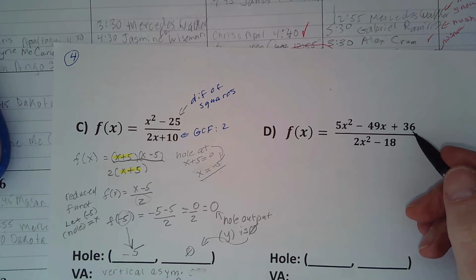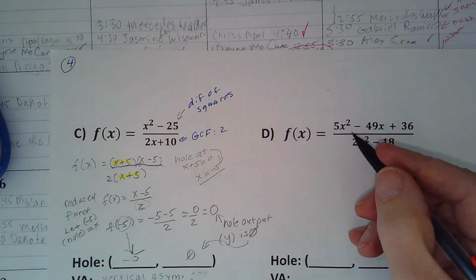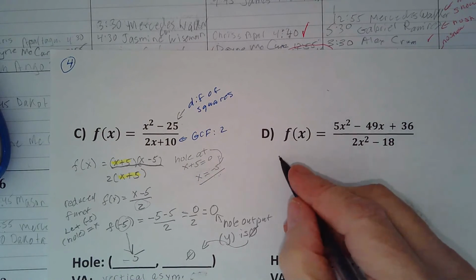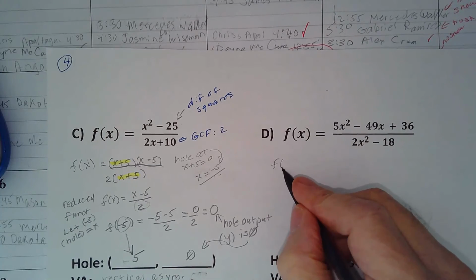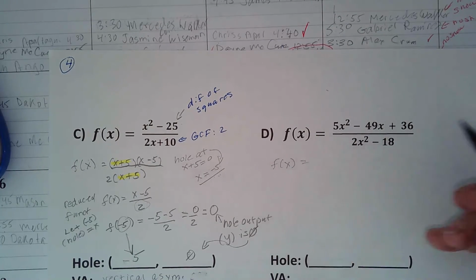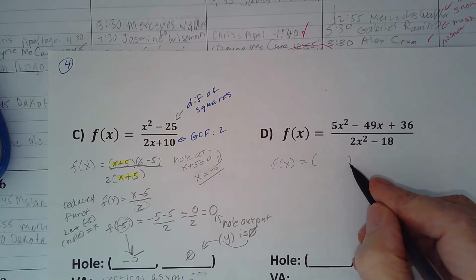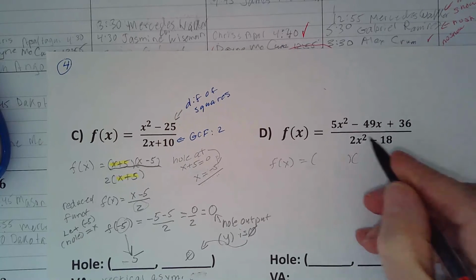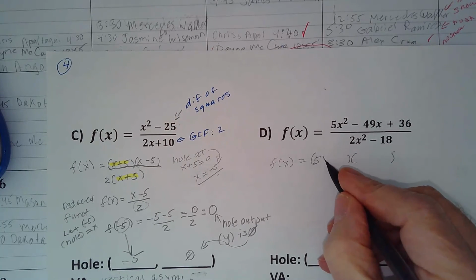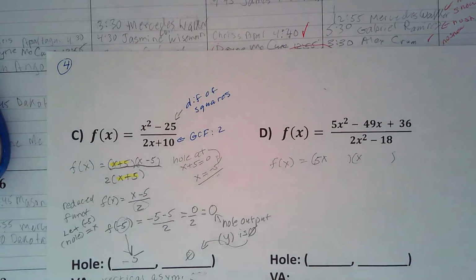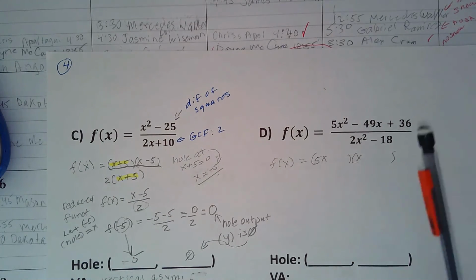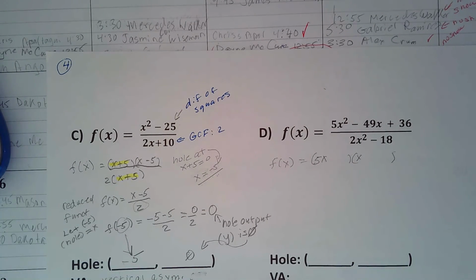We've got, looks like we're going to have to factor the numerator and the denominator. So f of x is going to equal, and then we've got no way around this. We're just going to have to do a complicated double bubble. So I got 5x over here and x over here. Now 36.